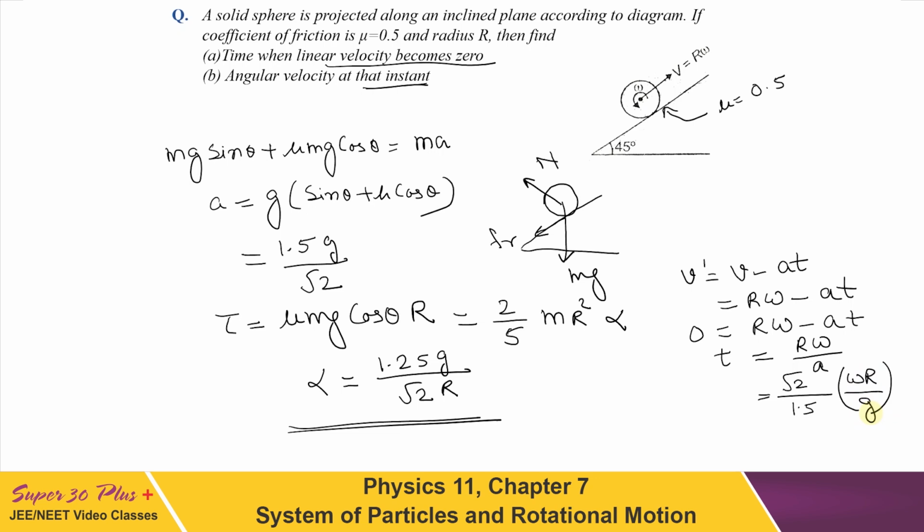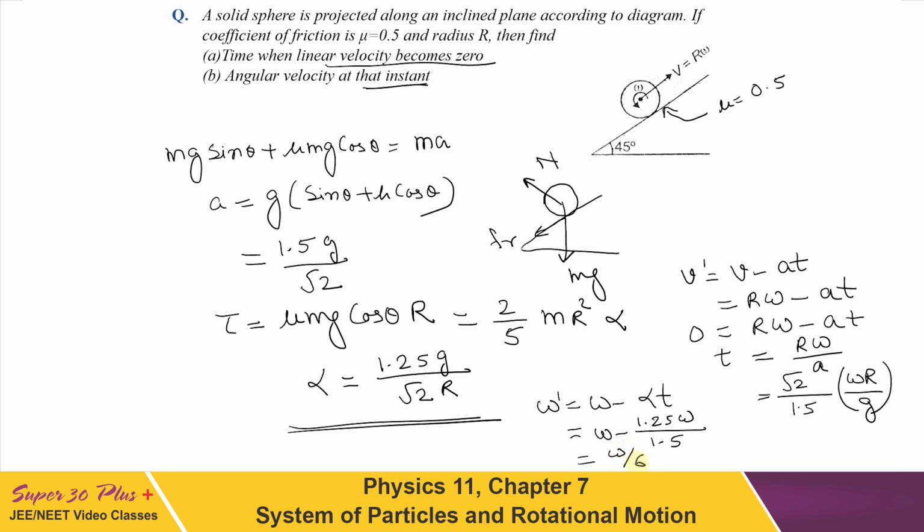Next, it is asking for the angular velocity at that instant. So again, let's apply the kinematic relation for angular velocity, which can be written as ω equal to initial ω minus αt. We already have the value of α, and t we have also calculated, so it will come out to be 1.25ω upon 1.5, and the final answer will be ω/6.